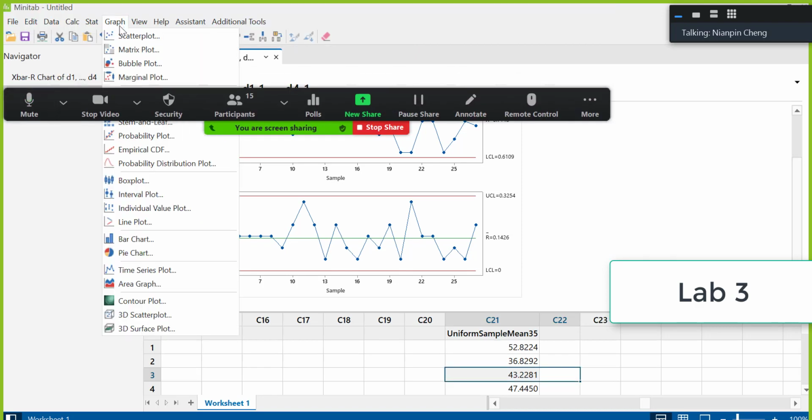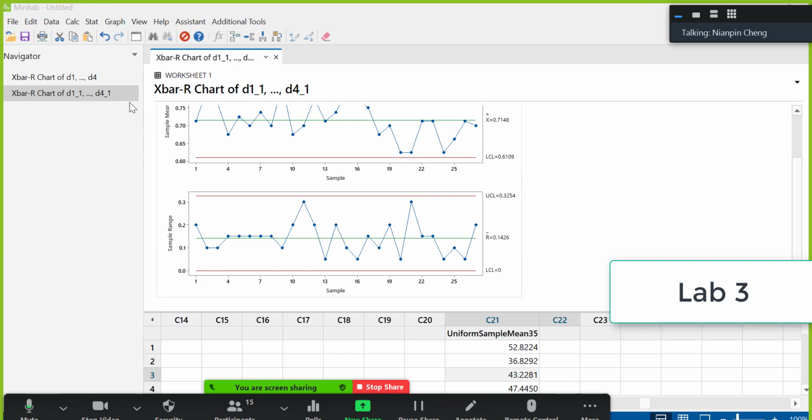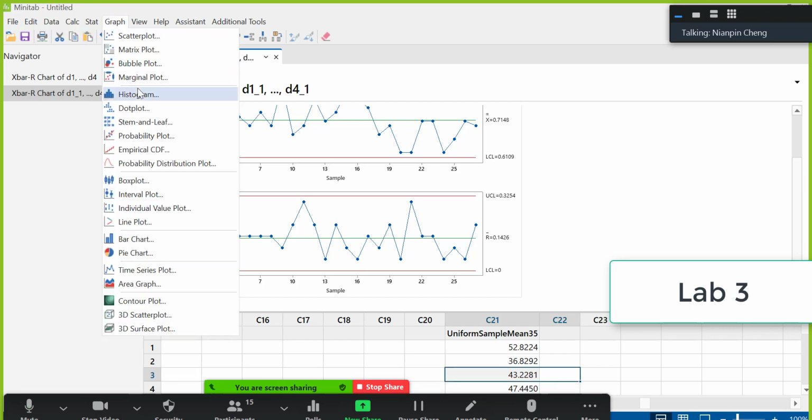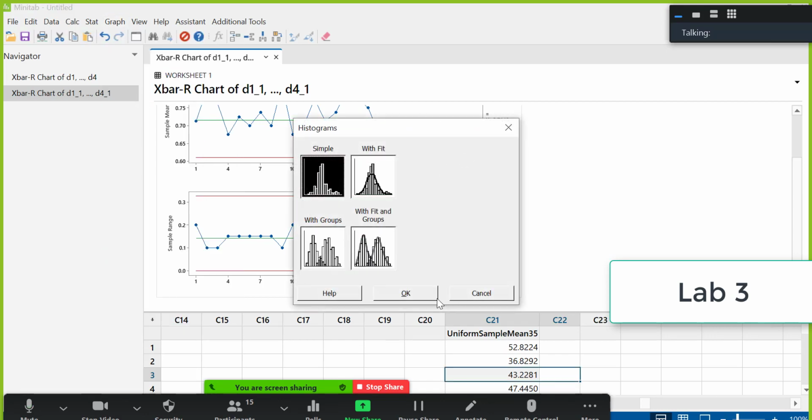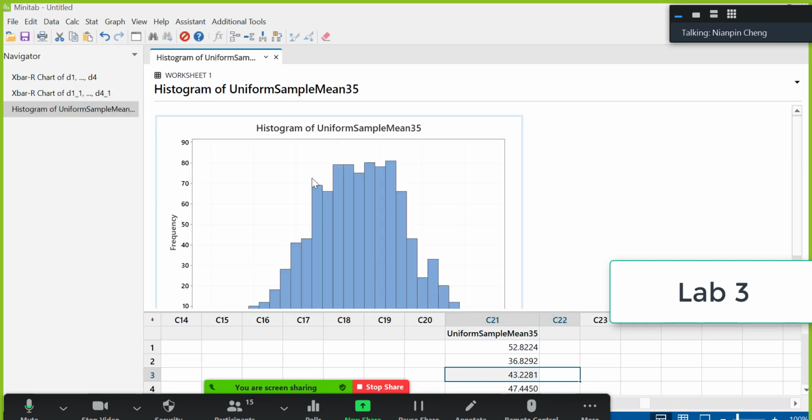That's much better. That's why, if you are processing statistical graphs, it's better to use statistics software, although Excel can give you some.